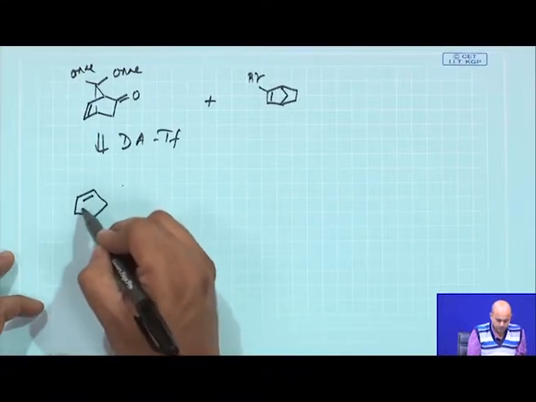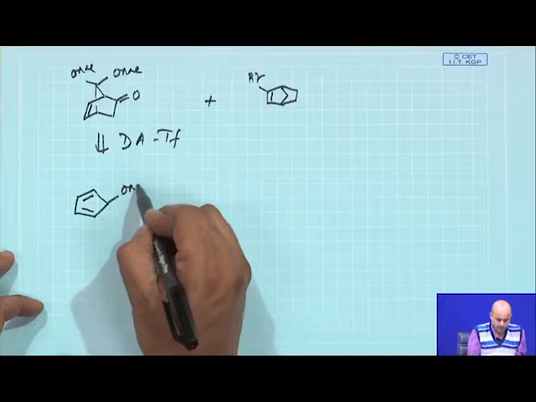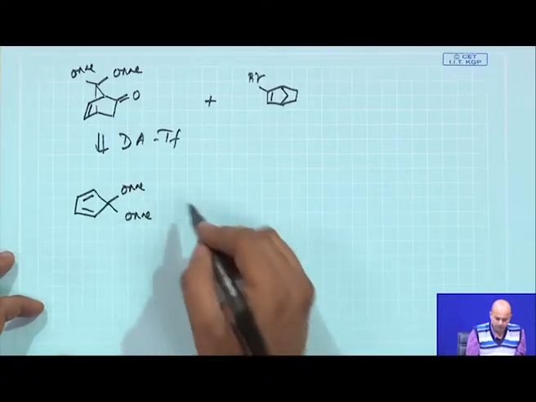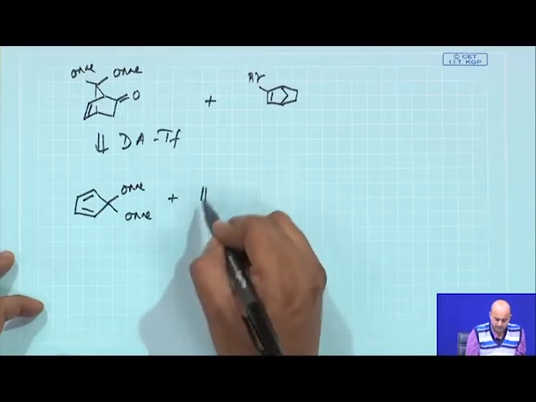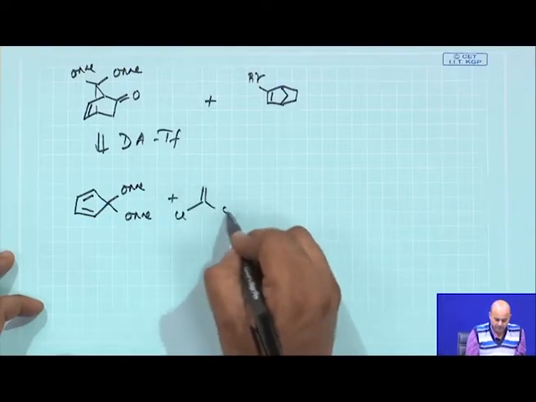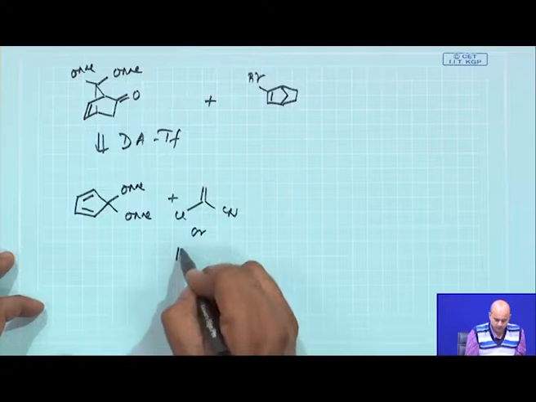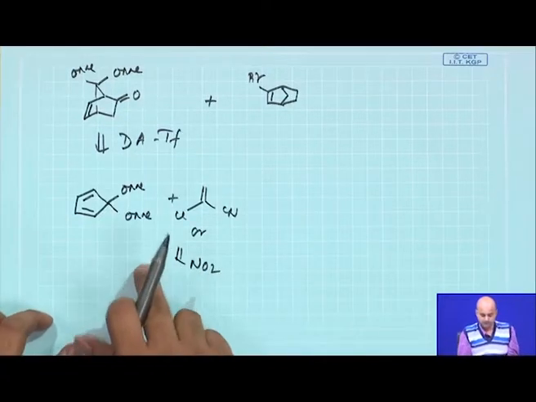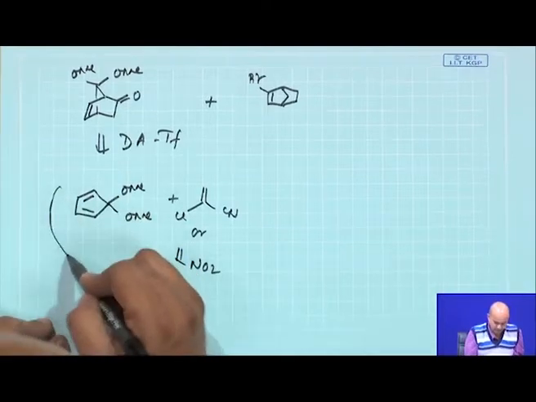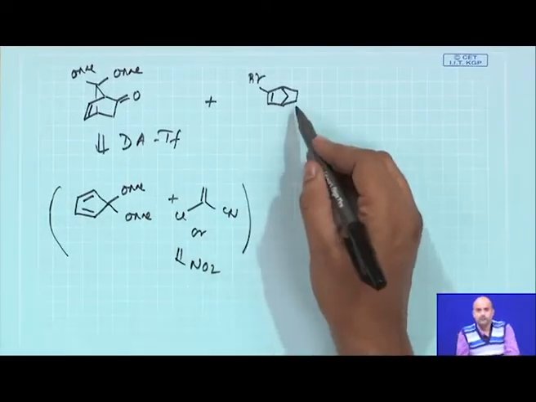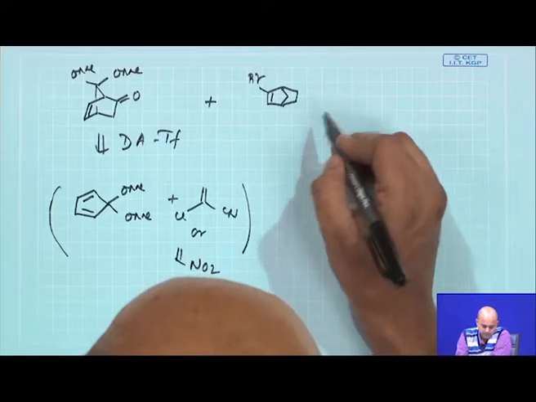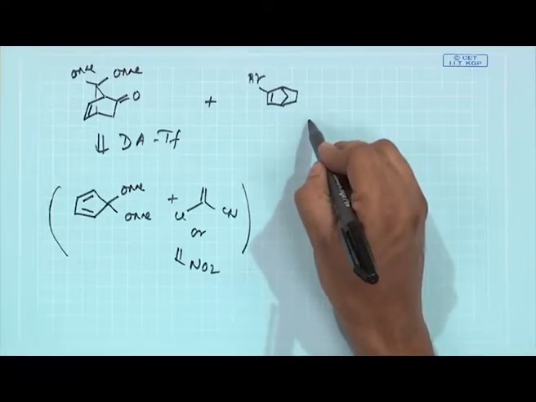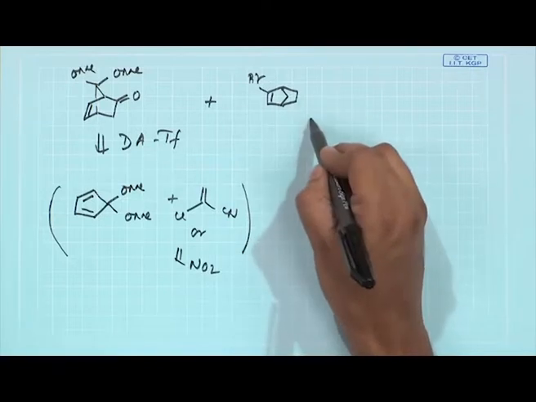So, we say you do a Diels-Alder with this dimethoxycyclopentadiene with a standard dienophile something like this or a nitromethane. This is already discussed in earlier slides, fine. Now, this compound you can again think about doing a Diels-Alder reaction definitely.